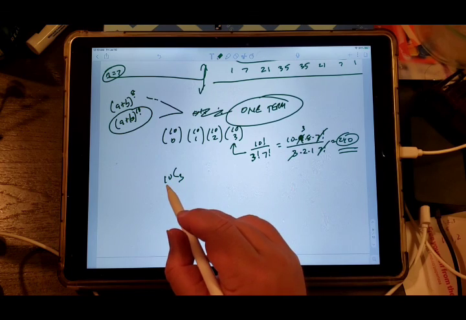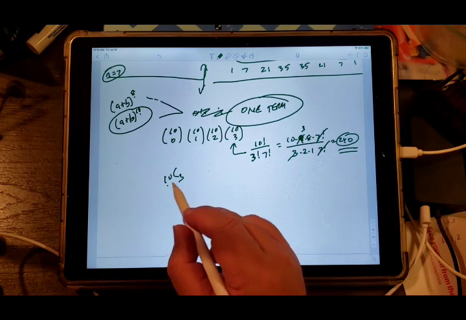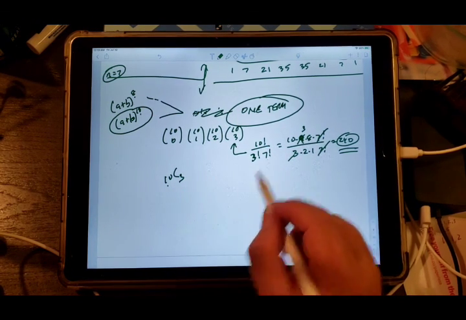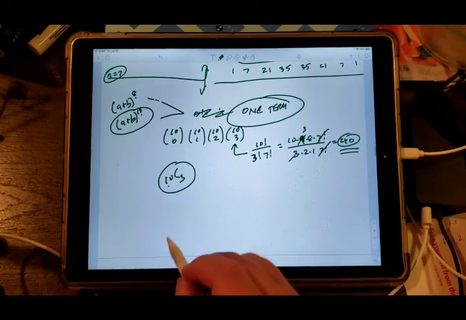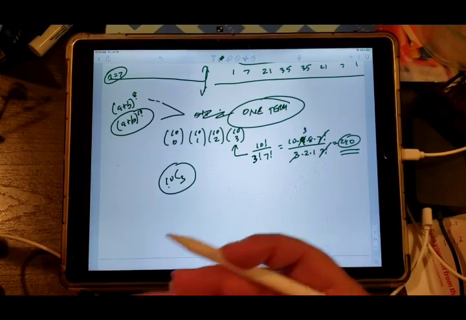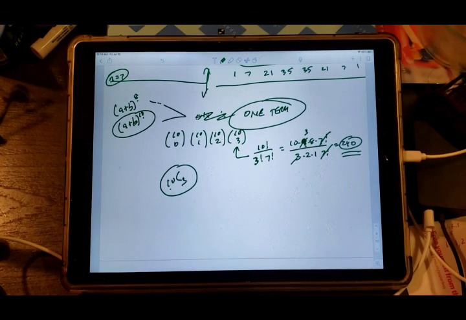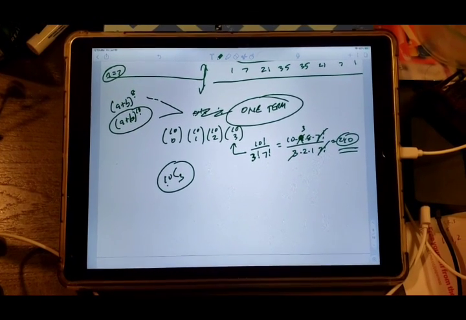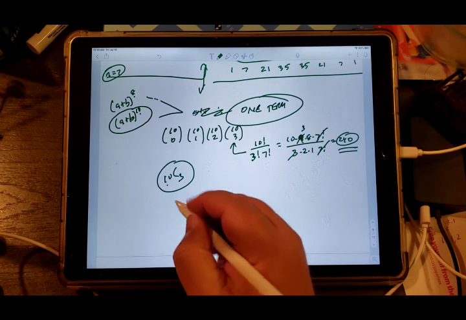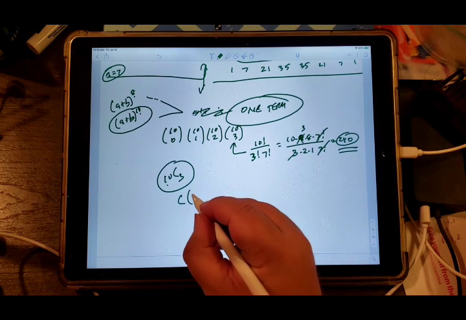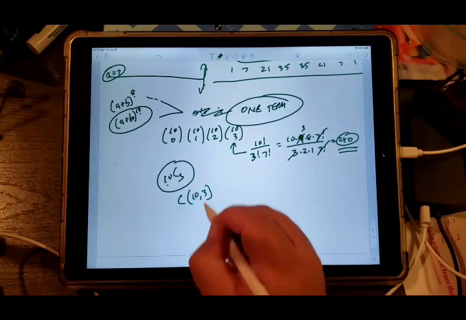This time it wouldn't be top factorial, but 10 factorial divided by 3 factorial divided by the difference factorial, even if I wrote it this way. But know how your calculator does this, because we're going to see this formula again, this NCR again in another section. Actually, in another section of the book, they might write it this way.